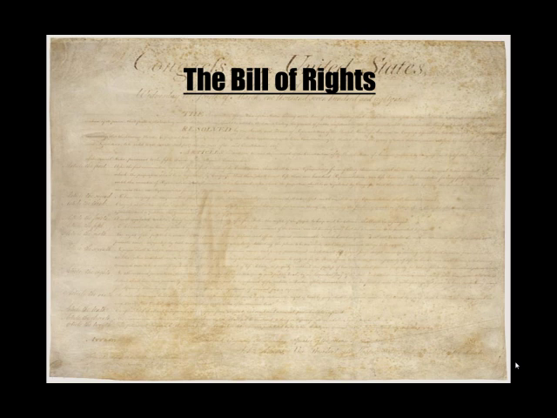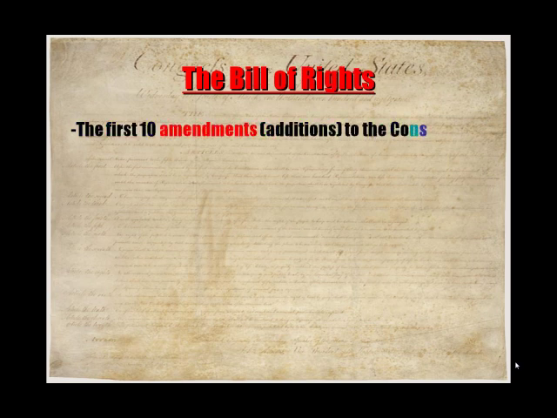Now, the Bill of Rights is a document that protects the citizens from the government. And these are called the first 10 amendments. The first 10 amendments to the Constitution are the Bill of Rights. To amend means to add on to. So this was a document that was added on to the Constitution.